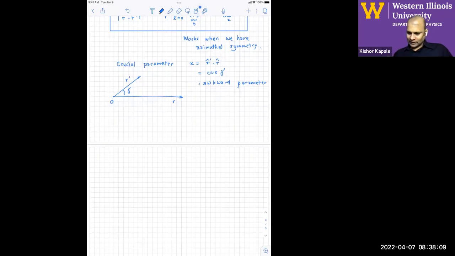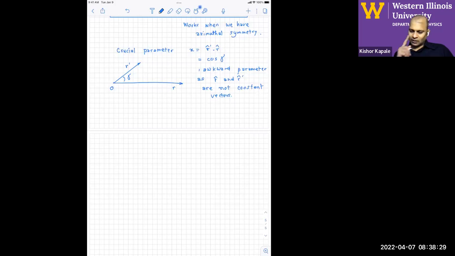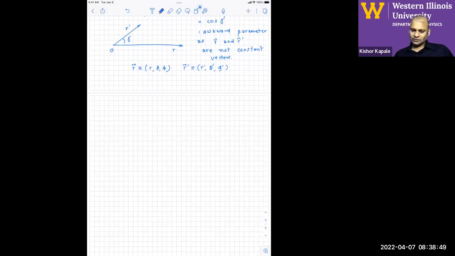And so as r and r prime are not constant vectors, they themselves change, and so the angles themselves change, and so it does not really make sense. What you want to do instead is take a full spherical expansion of the r's. So the r vector basically involves r, theta, phi, and the r prime vector involves r prime, theta prime, phi prime, and then use these as parameters instead, and then you're going to be able to do this.